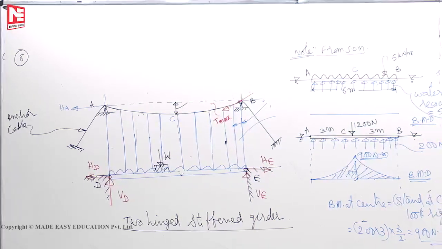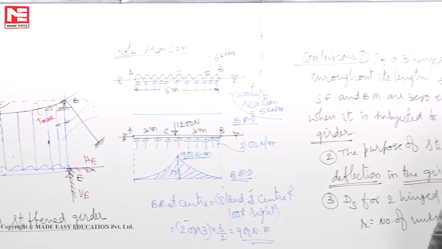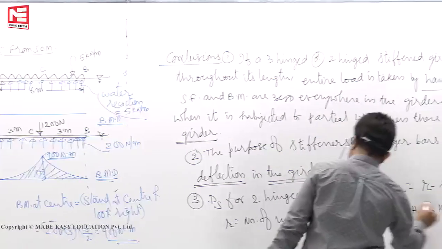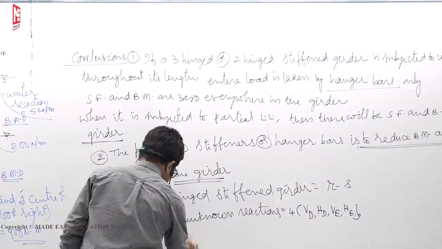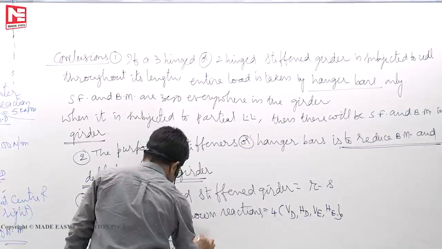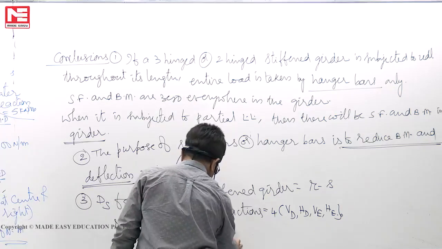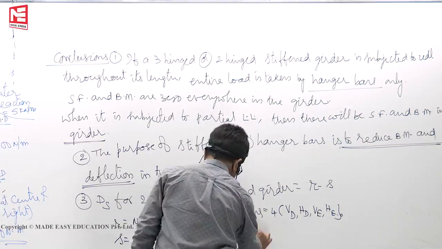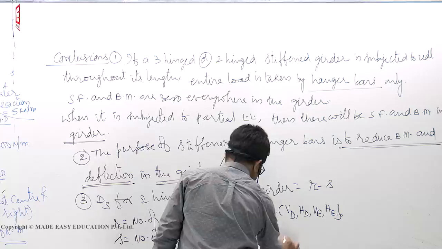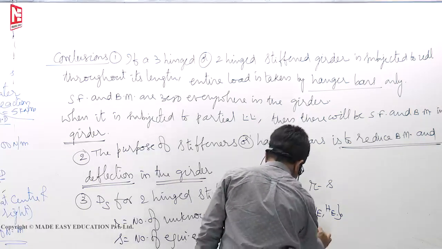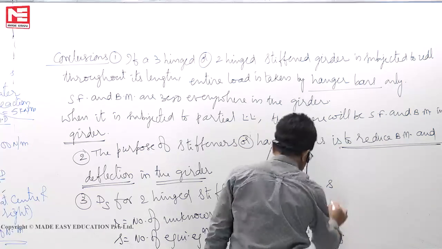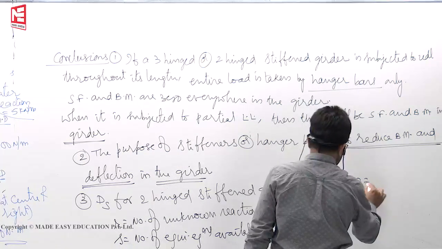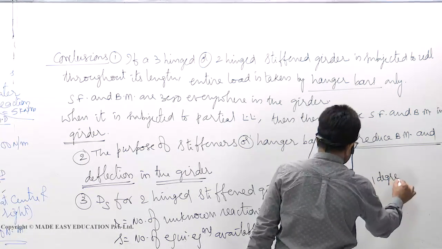VD, HD, VE, HE. Equations of equilibrium available: only 3. What are they? Sigma X equals 0, sigma Y equals 0, sigma M equals 0. So R minus S, that is 4 minus 3, is equal to 1 degree.